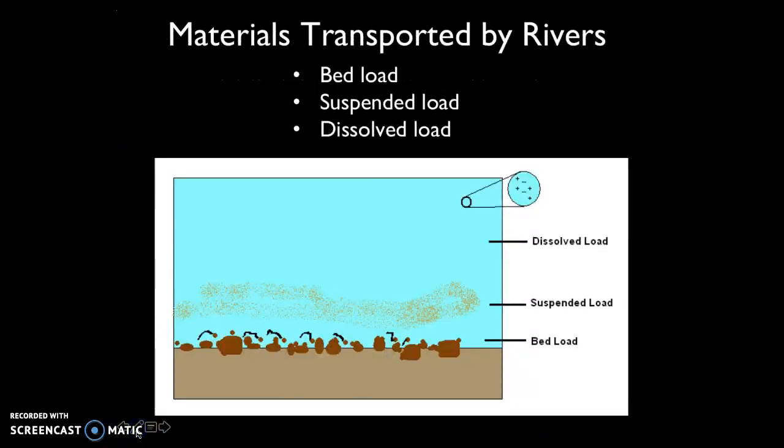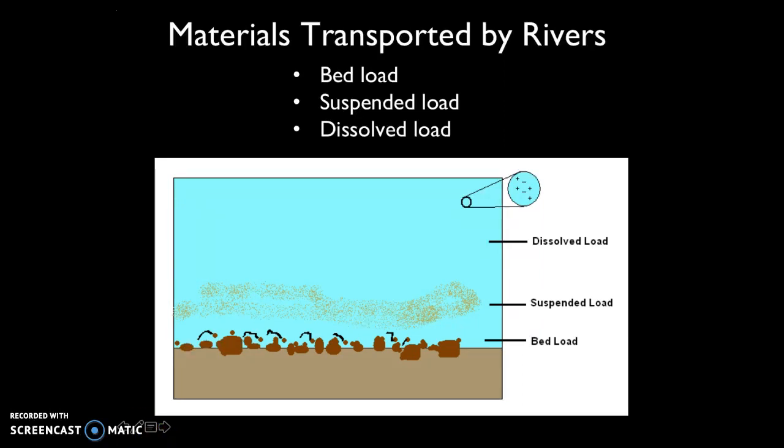When we talk about materials that are being transported by the rivers, so not the materials or the features that are depositional, but the materials themselves that are being transported within the stream, we have three different types of loads that are transported. So the first one is going to be the bed load.